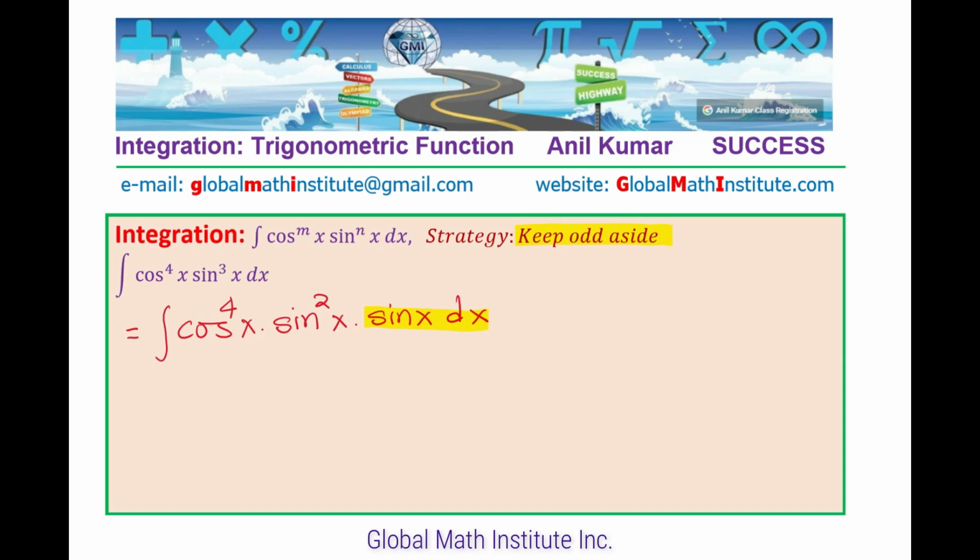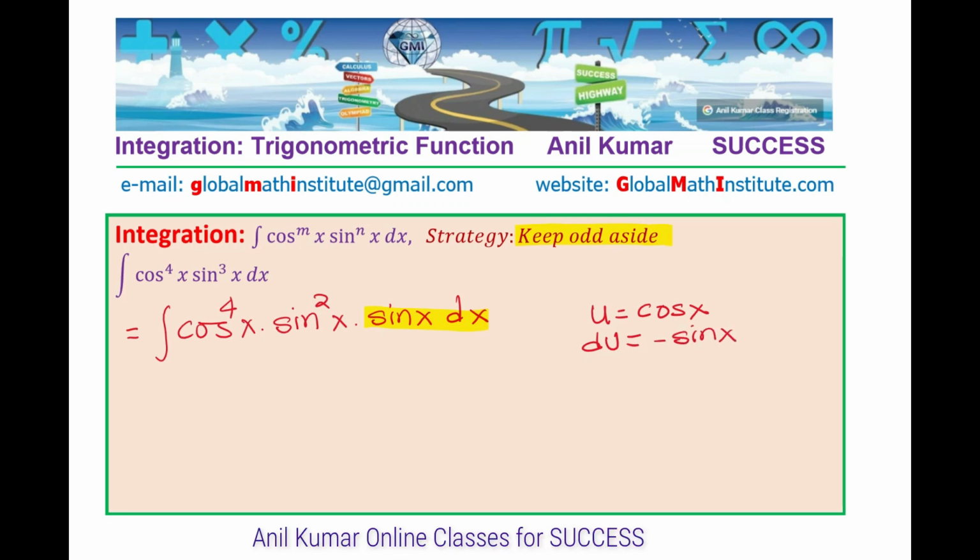Now, when we substitute, this part becomes du. So one thing is very clear: we are going to write u equal to cos x, correct? If u is cos x, then du will be equal to minus sine x dx. As you can see, cos 4x can be written as u to the power of 4. What are you going to do with sine square x?